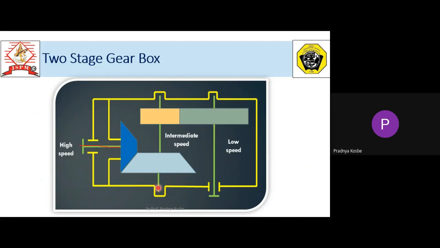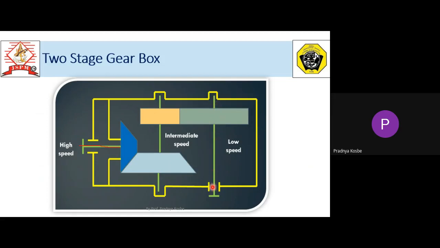So according to the law, or if you have studied a gear train, whatever speed the bevel gear rotates with, the pinion of the second stage will rotate with that same speed, and it will mesh with the gear of the second stage.